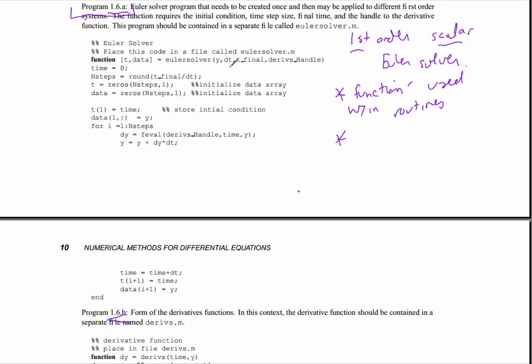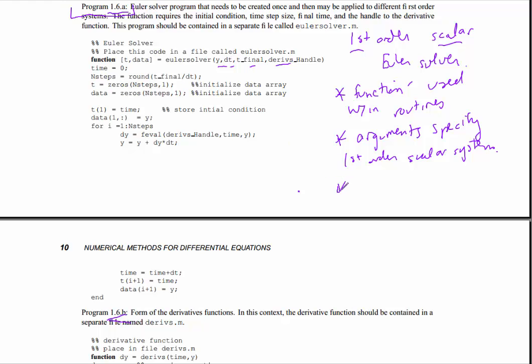Right, now, the arguments contain the essential information that's necessary. And this is very adaptable, so these arguments can be used to specify any first-order scalar system. Okay, so they're very adaptable, very general.